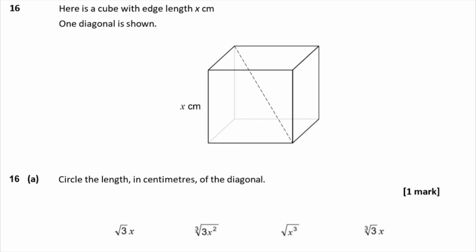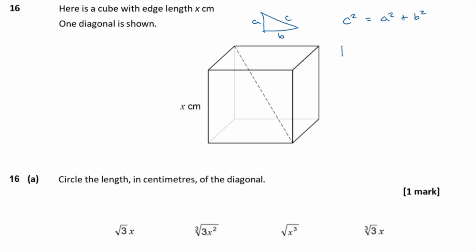There's a variant of Pythagoras' theorem for cuboids. In 2 dimensions, with a right-angled triangle, you know that c squared equals a squared plus b squared, where a and b are the 2 shorter sides of your triangle, and c is the longer side. So that's Pythagoras' theorem.